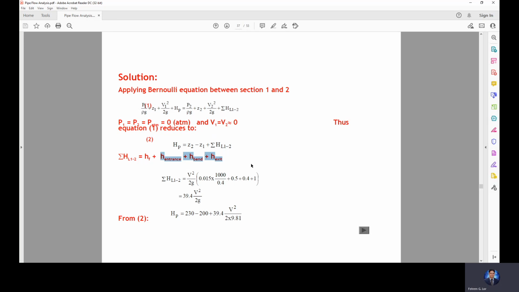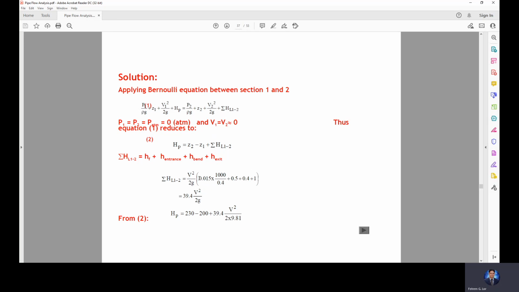So, mausara man nato ni tanan. Head loss in terms of V squared over 2G, di ba? Lambda L over D times V squared over 2G. So, we can just factor out V squared over 2G. Ato lang gigawas.